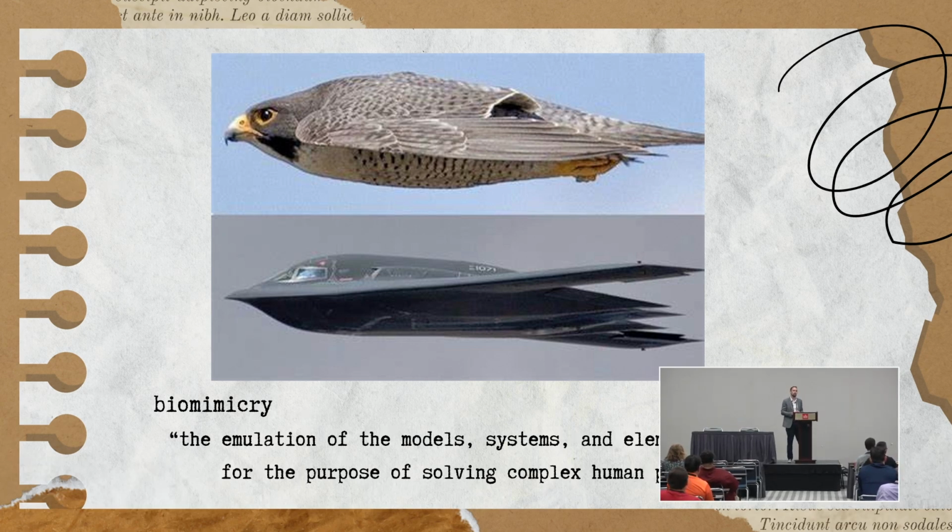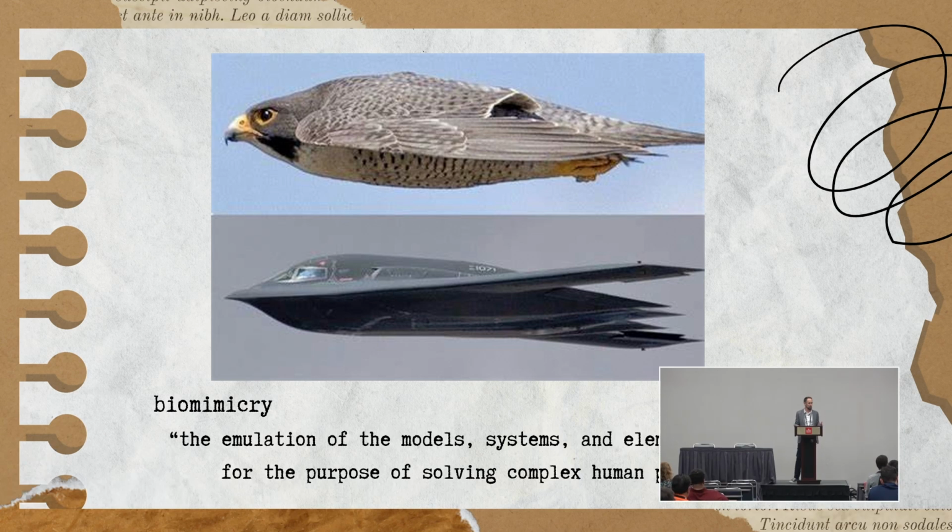And this is nothing new, especially when we look at engineering and how humankind has solved problems that we've encountered in a wide variety of domains and industries by looking at the animal kingdom and studying and analyzing and identifying ways and lessons and means by which we can improve upon our own attempts at creating things and optimizing, advancing the race forward, right? A classic example is the B-2 bomber, some of the inspiration derived from a peregrine falcon at max speed.